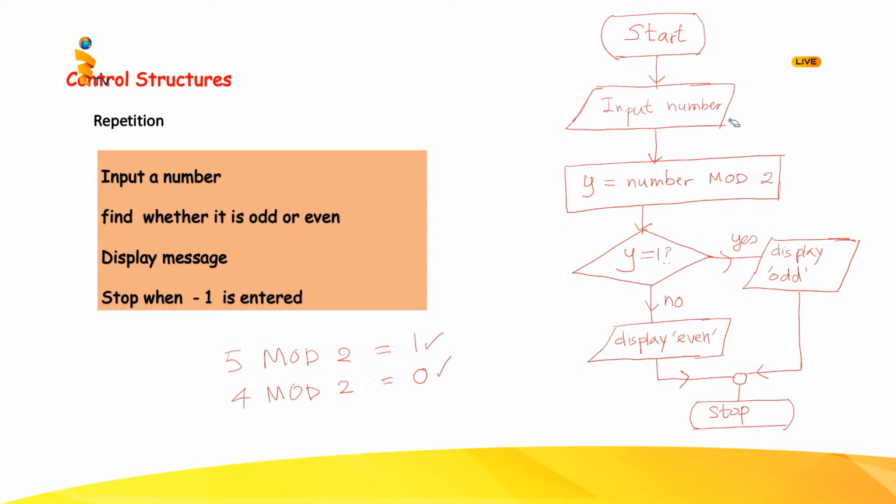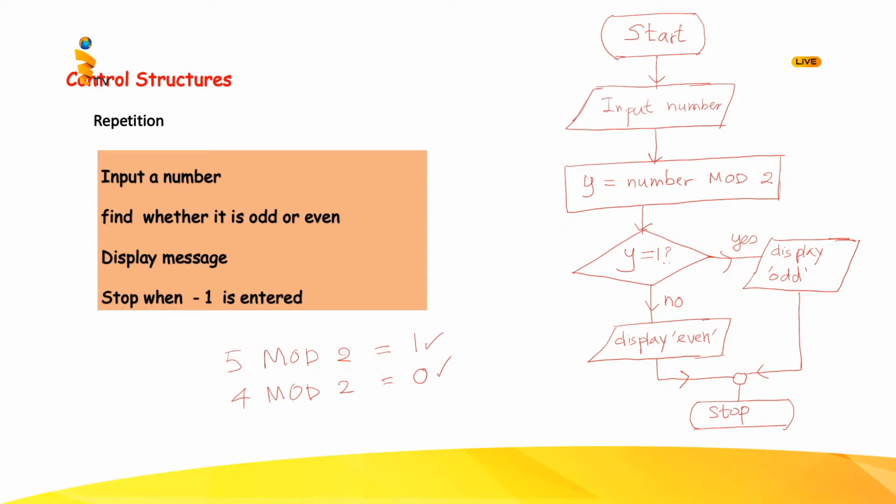So we have to find out how we can calculate the oddness or evenness of a number. I have used the function mod here. Learn that function. It gives us the remainder when we divide a number by 2. So I have used the process symbol, rectangle.